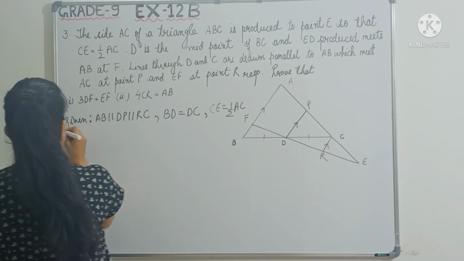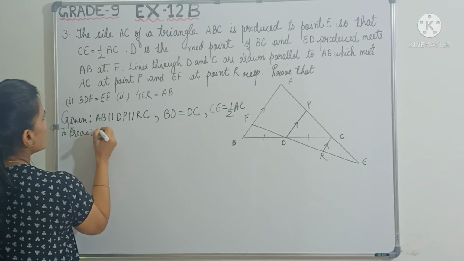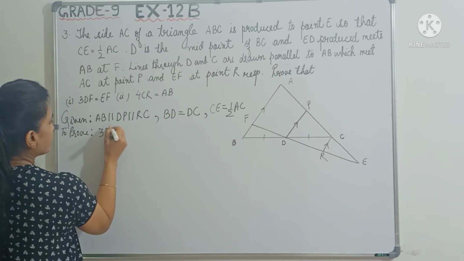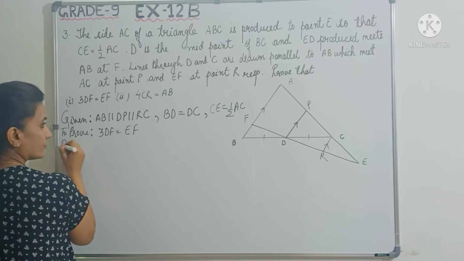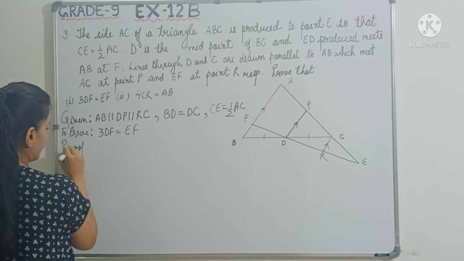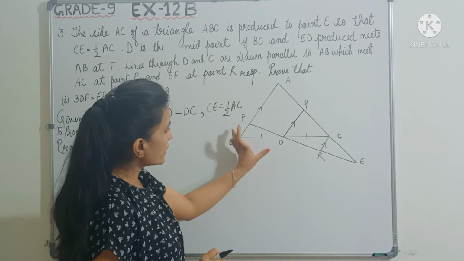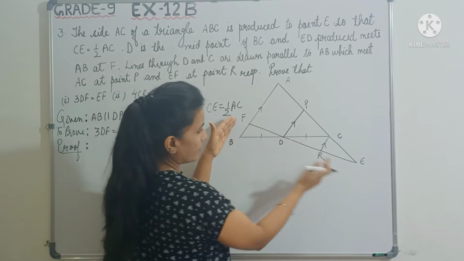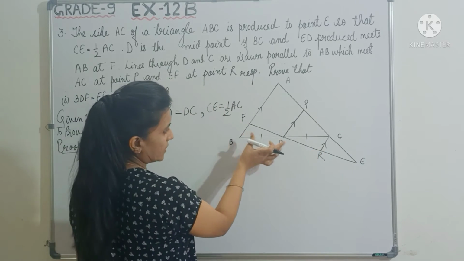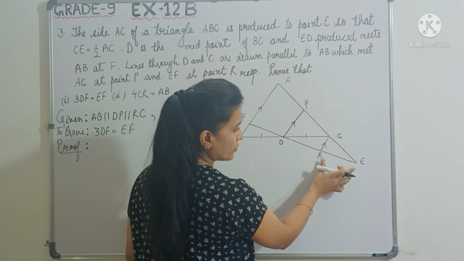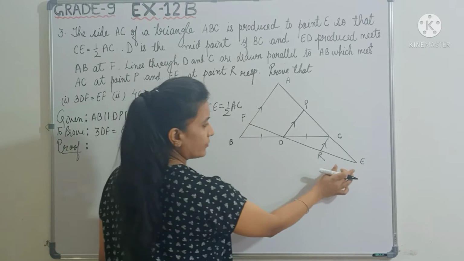Now, what do you have to prove? You have to prove that 3DF is equal to EF. Now, so how you will show that 3DF is equal to FE? So for that you have to show that FD is equal to DR is equal to RE, isn't it? Then only 3DF will be equal to FE, right?